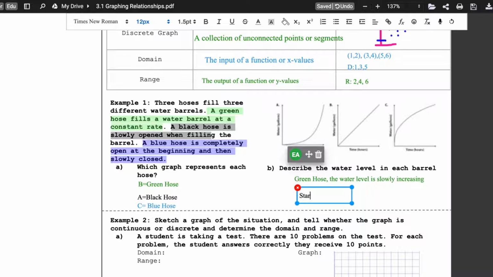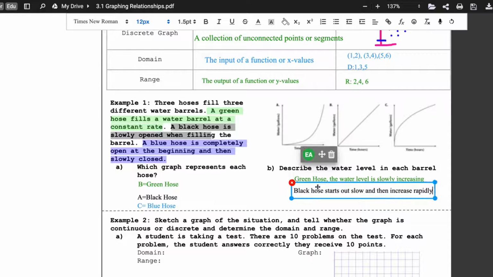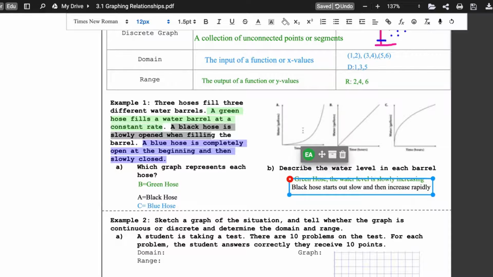So the black hose starts out slow, then increases rapidly. And again, all I'm doing is reading the graph, right? I'm not doing anything too crazy. I'm just looking at the graph and trying to interpret what this line means.